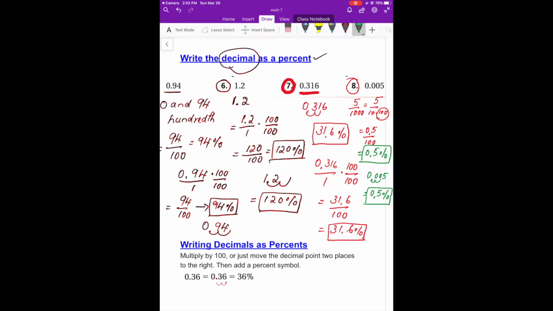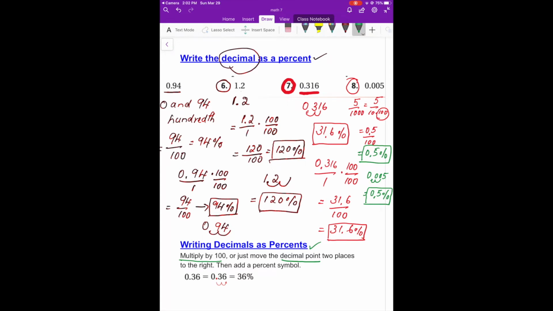So let's see the rule here. Writing decimals as percent: multiply by 100 or just move the decimal point 2 places to the right. So when you convert the percent to decimal, you are moving to the left, and here we are moving to the right.